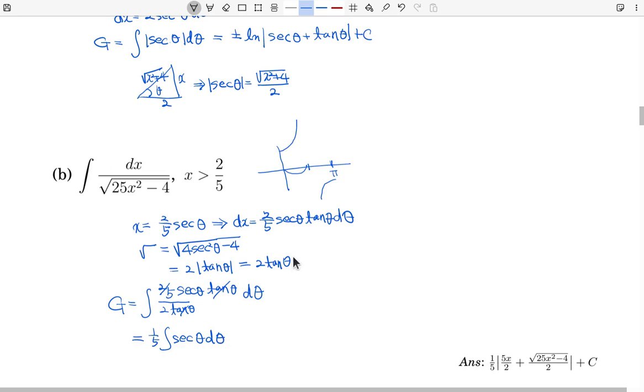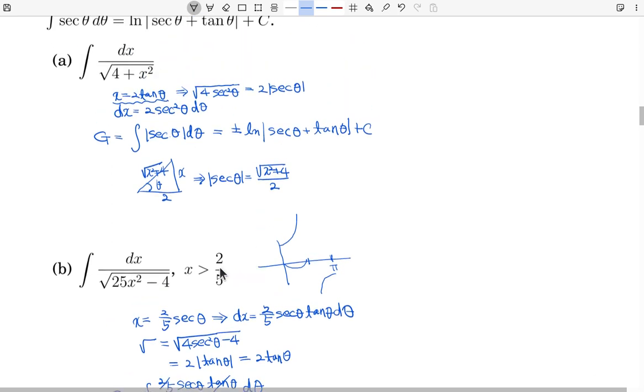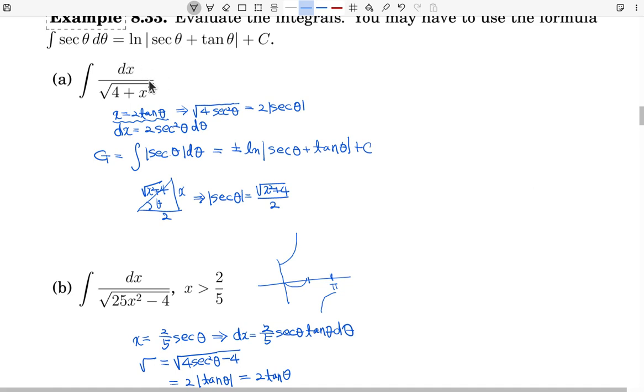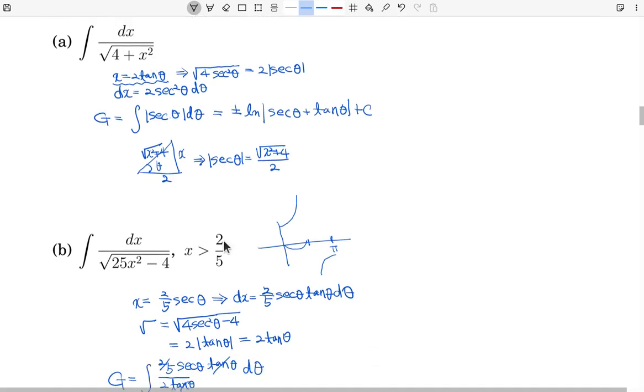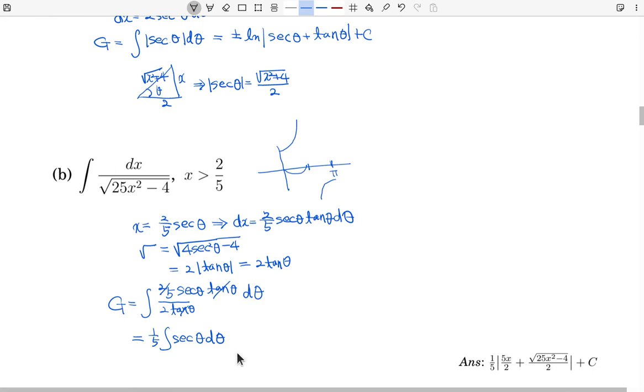By using the hint here, we can get the result, which is 1 over 5 times the logarithm of sec theta plus tangent theta, plus c. Now again, for sec theta, we can get easily 5x over 2.